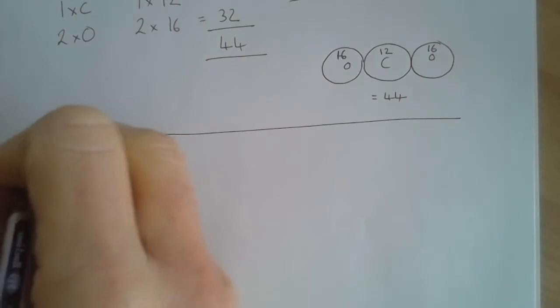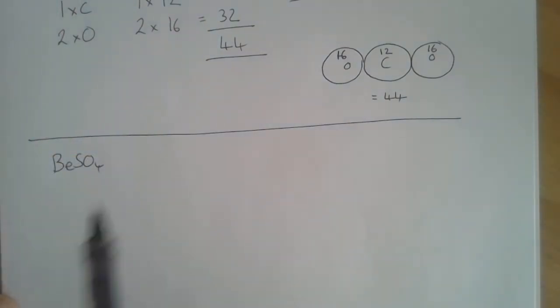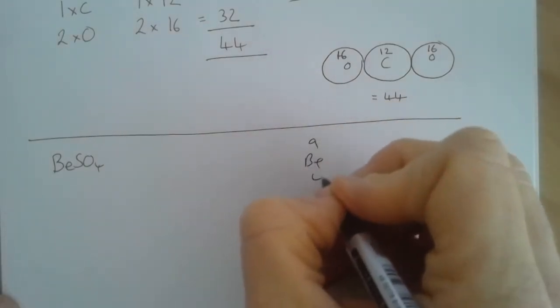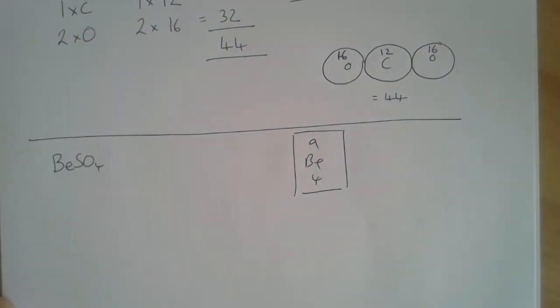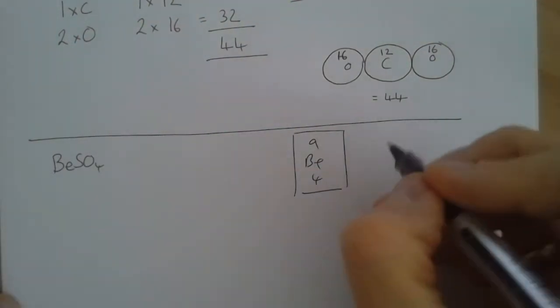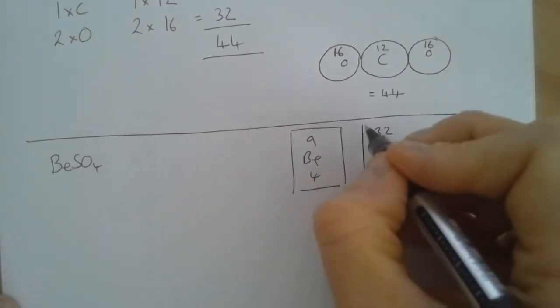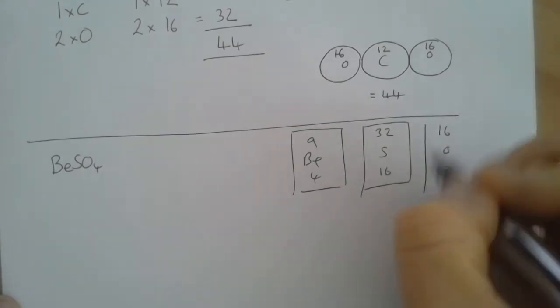So our second example is going to be beryllium sulfate. Again, I'm just going to write out the masses and the atomic number, the relative atomic mass and the atomic number for our elements. Beryllium, sulfur has a mass of 32, and oxygen, which we found earlier, has a mass of 16.